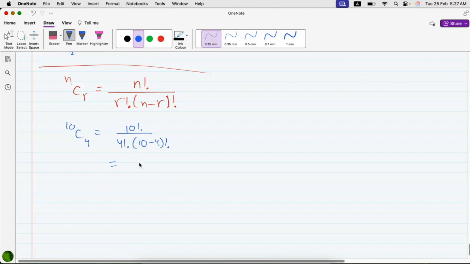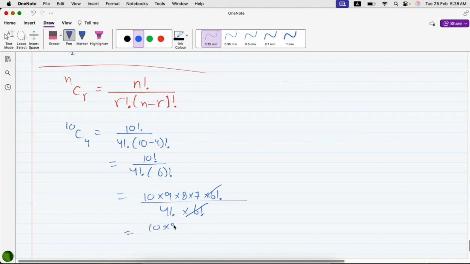So 10 factorial over 4 factorial into 10 minus 4, which is 6. 10, 9, 8, 7, 6 factorial over 4 factorial into 6 factorial. This could be cancelled out.